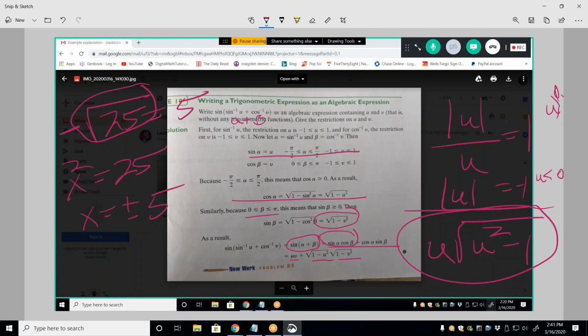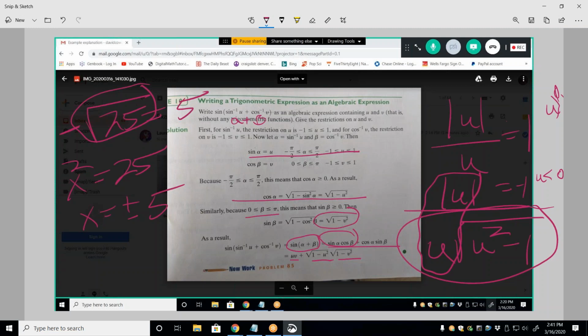Well, the advantage of their answer is that instead of 1, they have absolute value of u over u. And the absolute value of u over u is only equal to 1 if u is positive. If u is negative, then it's equal to minus 1. And that's why they've done that.